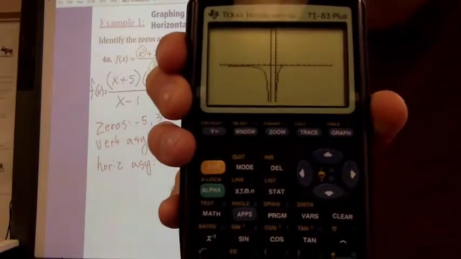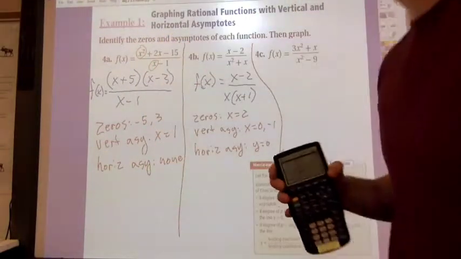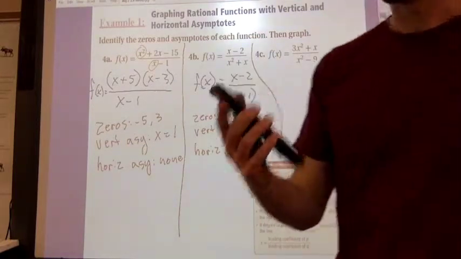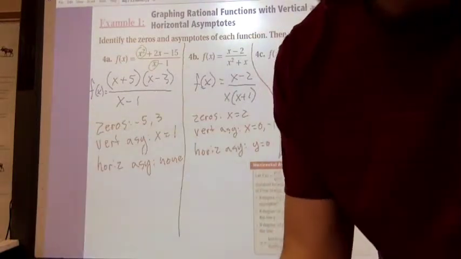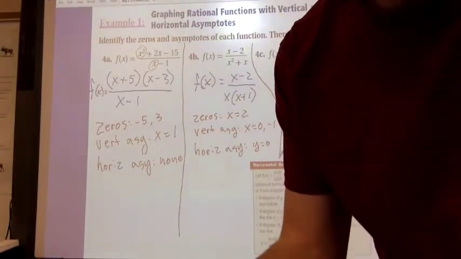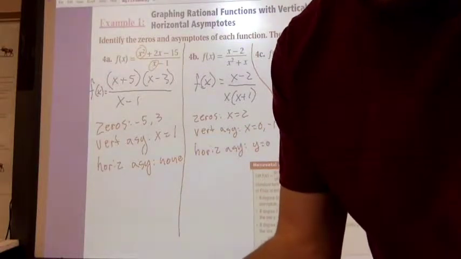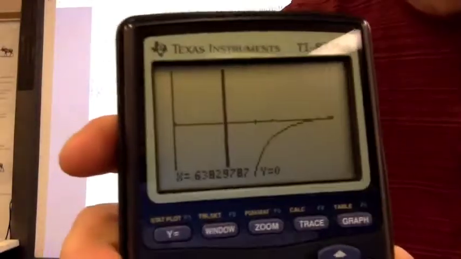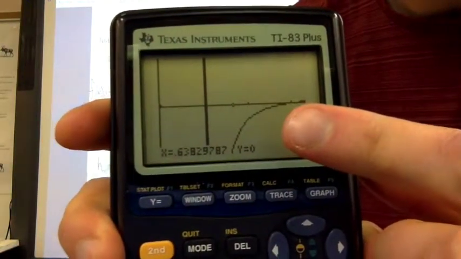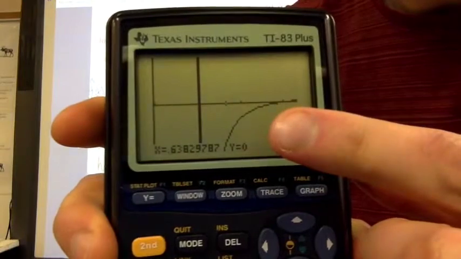And what did we say for our zeros? That we've got a 0 at x equals 2. So what I can do actually is zoom in on that point and then calculate. Well, I might not even have to, because you can see right there it crosses the x-axis at x equals 2.